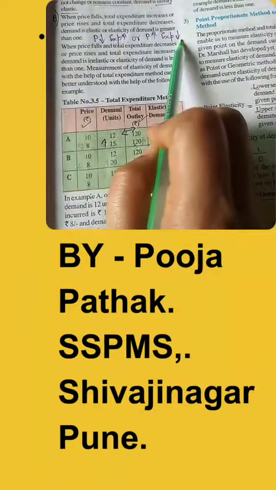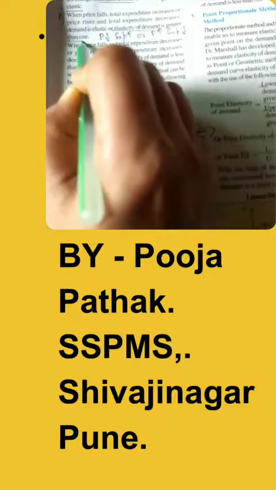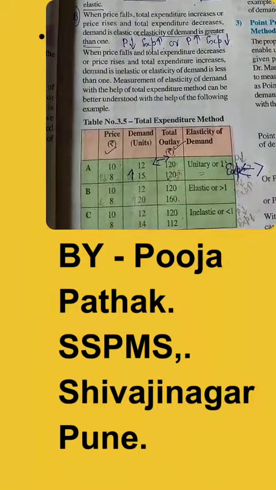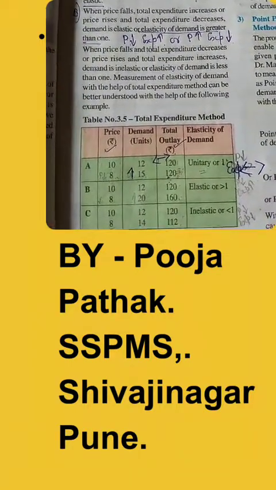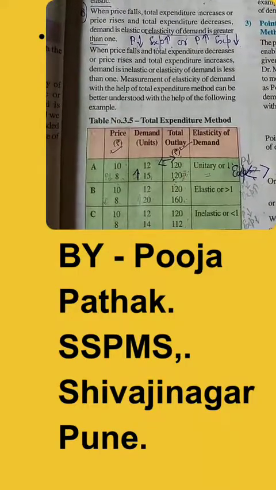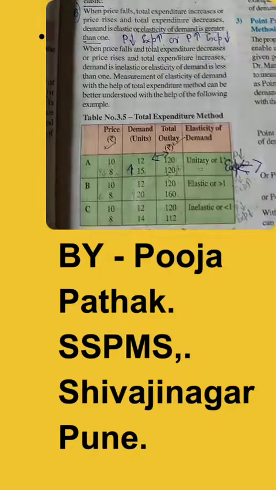What type of elasticity is it? Elasticity of demand is greater than 1. Elasticity of demand greater than 1 means it is relatively elastic demand. So with a given change in price of a commodity, outlay increases, elasticity of demand is greater than 1.